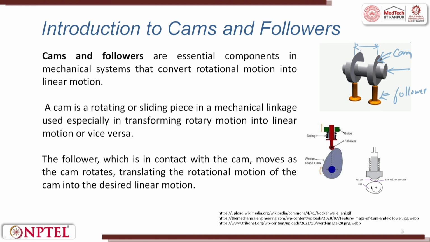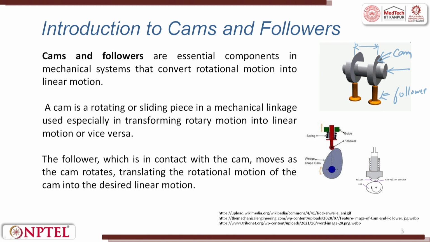You can have 6 or 7 followers activated. That means you can have 6-7 valves. The opening and closing of these valves can be controlled by rotating the shaft only once.